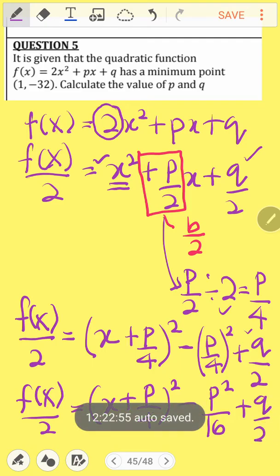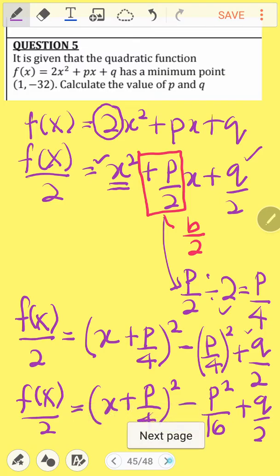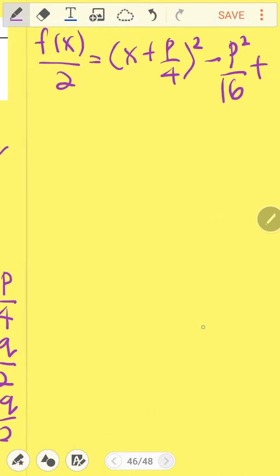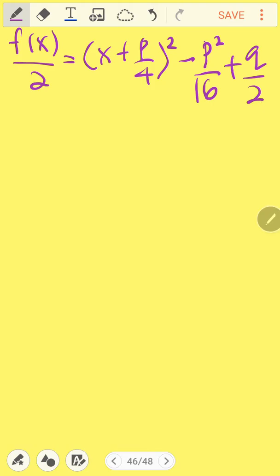Let's turn to the next page. Next page, please. I rewrite again. f(x) over 2 is x plus p over 4 squared minus p squared over 16 plus q over 2.